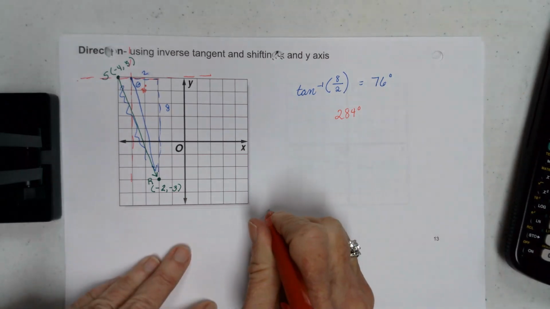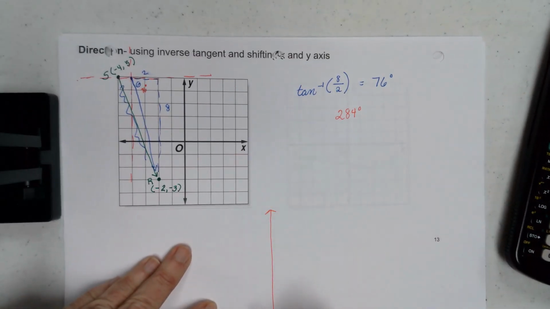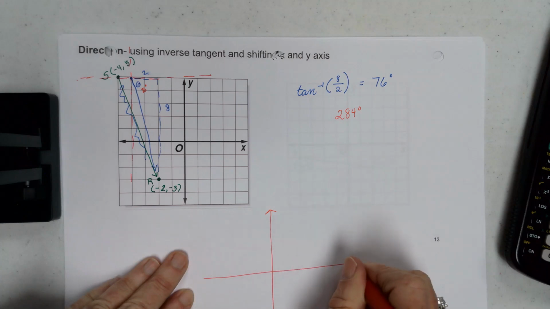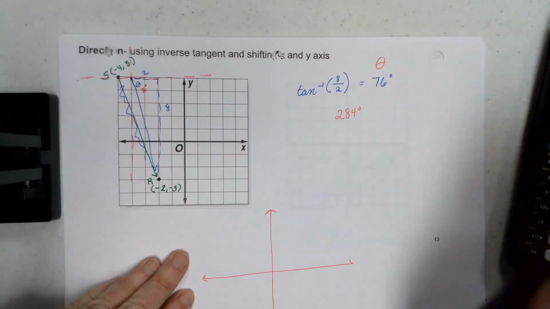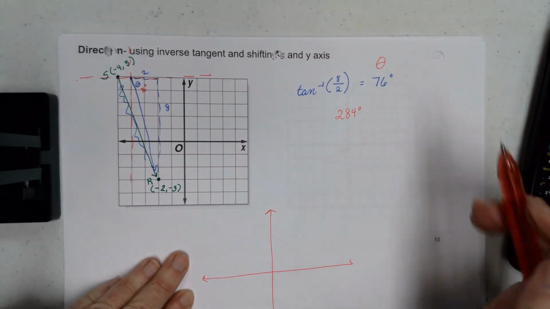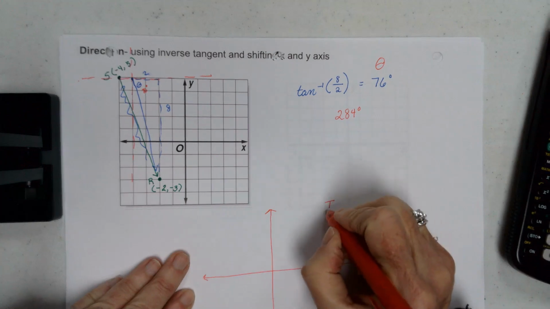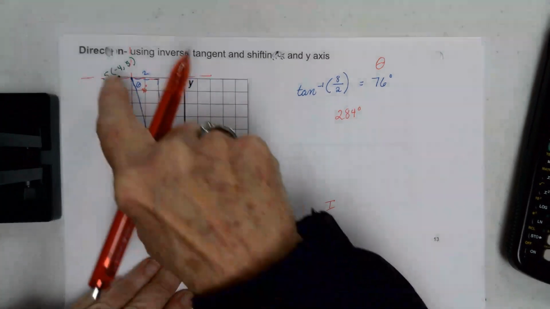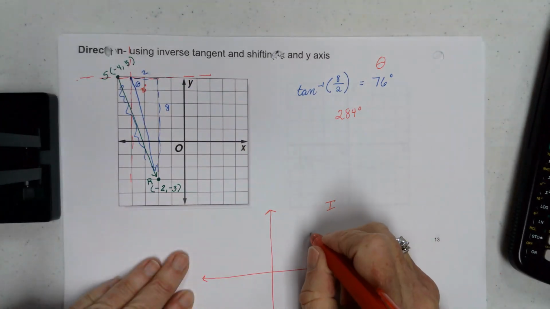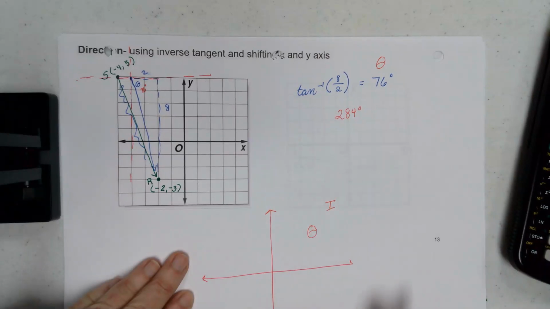Now, here's your little cheat code. Okay, I figured out what the angle is. We're going to call the angle theta. If my vector is in the first quadrant, then the answer is simply my theta.